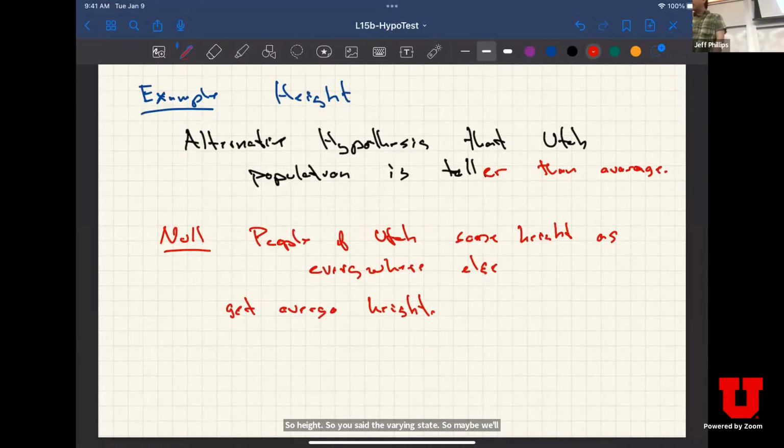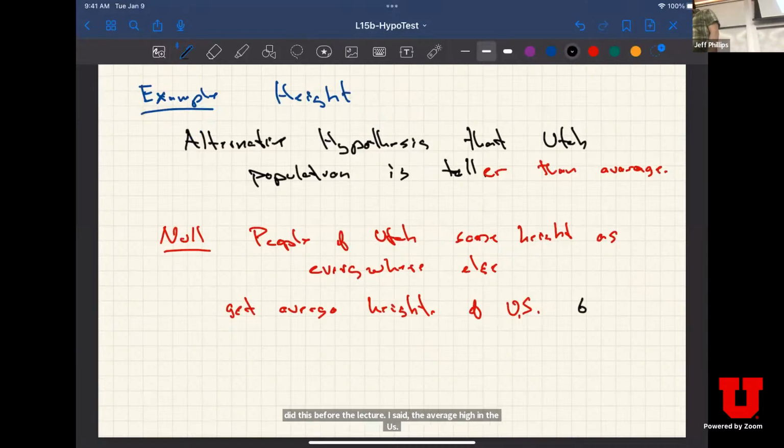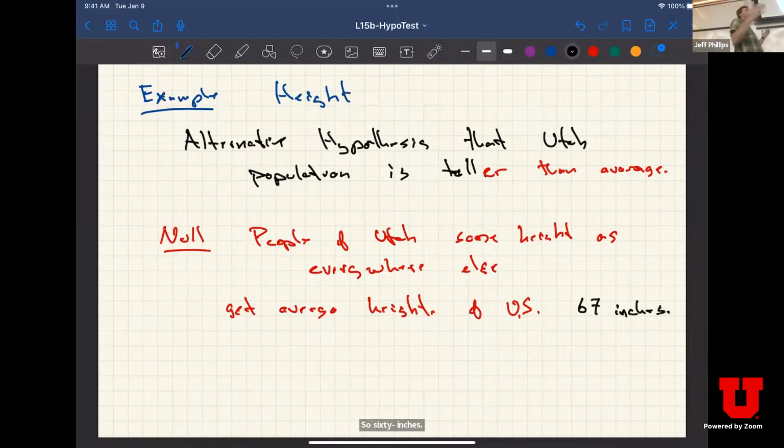So to get the average height of the US, I looked this up before the lecture. I'm rounding a bit, but let's say it's 67 inches, okay? So the average height in the US is about 67 inches. Let's say we're going to do an experiment here on campus.